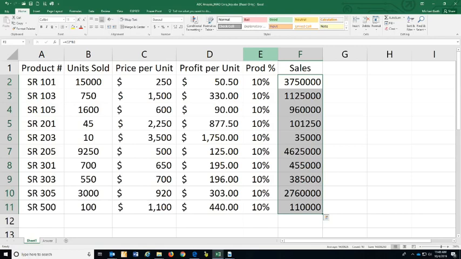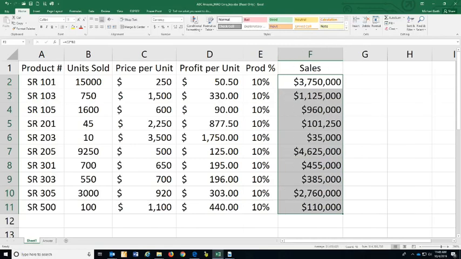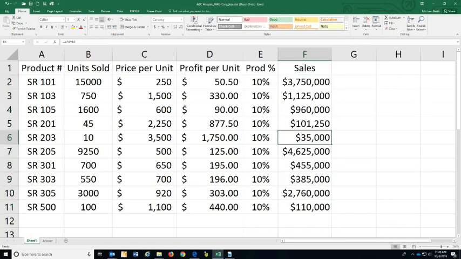Okay, so what we can see here, let me go ahead and just change that to currency. What we can see is that even though each of them are 10% of the inventory, basically, we generate $35,000 of sales with stock resource 2,203, and 3,750,000 comes from this 101.